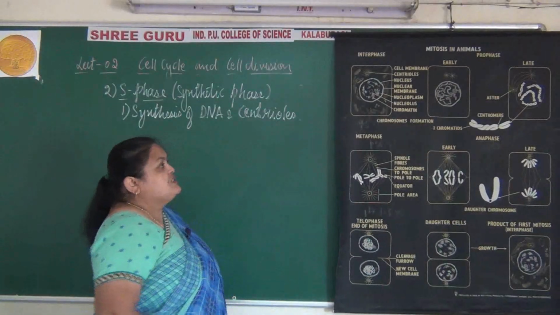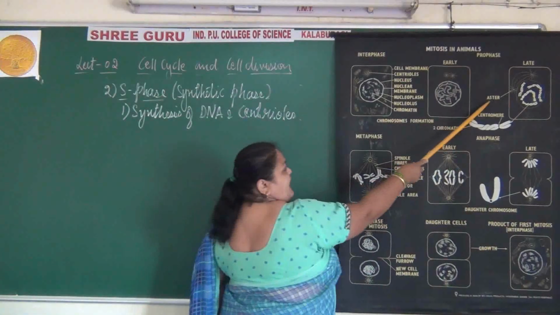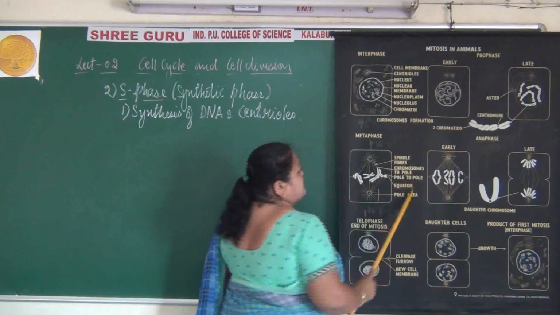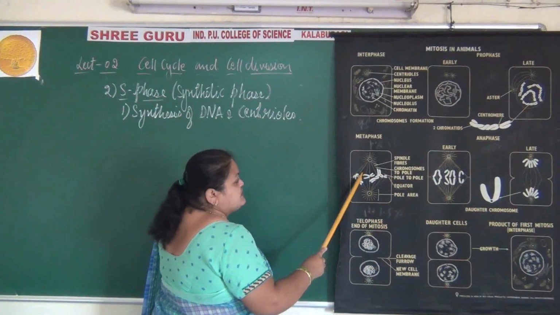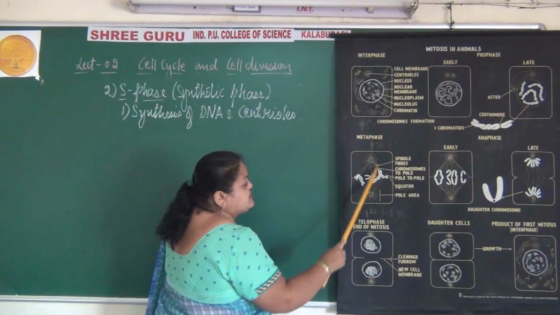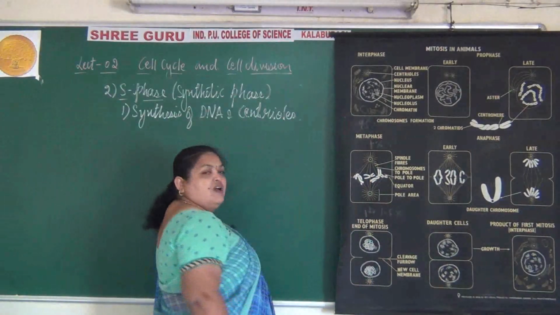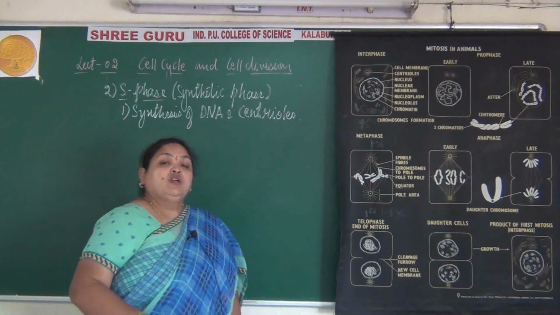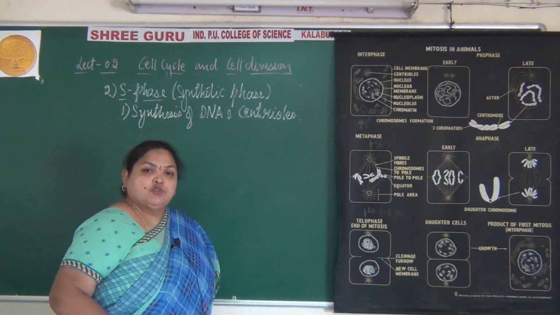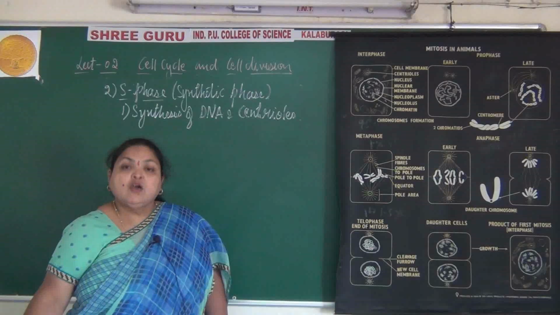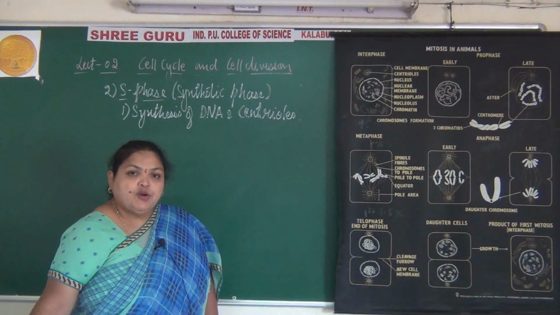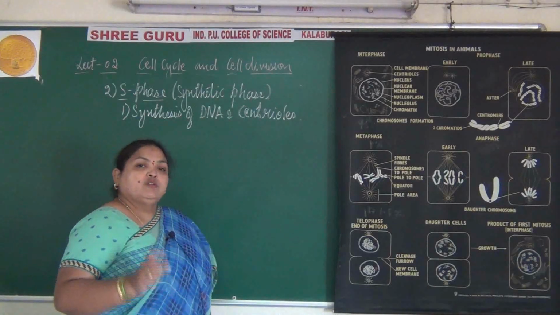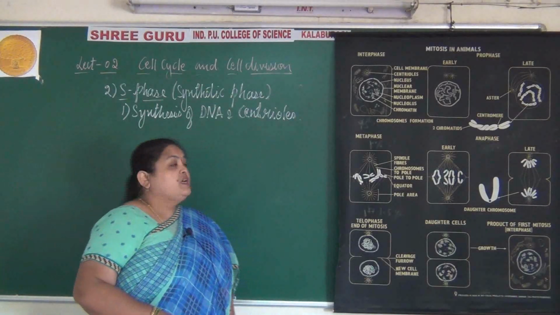Those are known as asters. Between the asters, the spindle fibers are produced, which get attached to the kinetochore. You have to be perfect with the structure of the centrioles, the nucleus and the chromosomes so that you can understand the concept clearly.